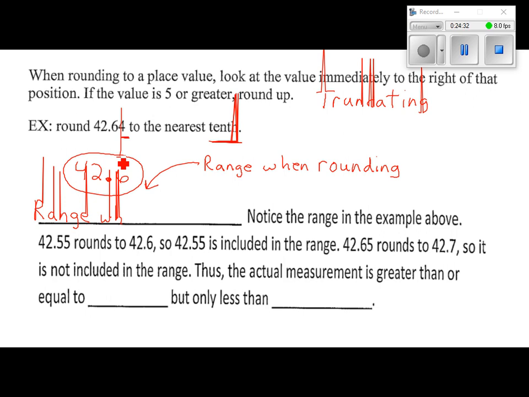We rounded to the nearest tenth. If we round it to the nearest tenth, that means the actual answer, if we were on a ruler or something, would be between 42.55 up to 42.65.